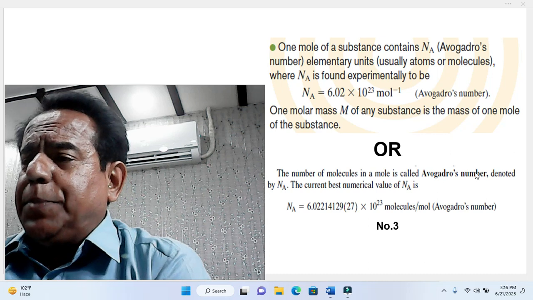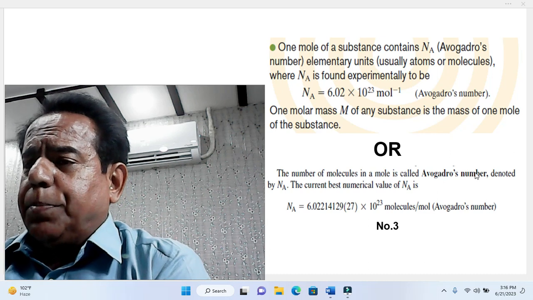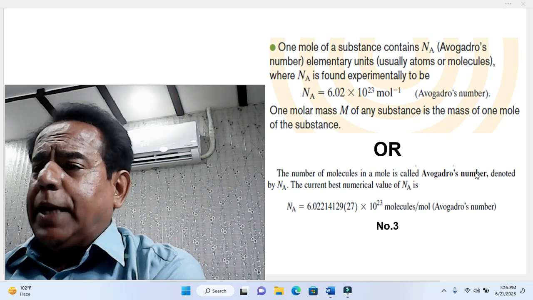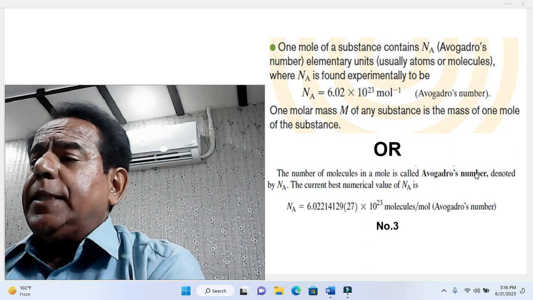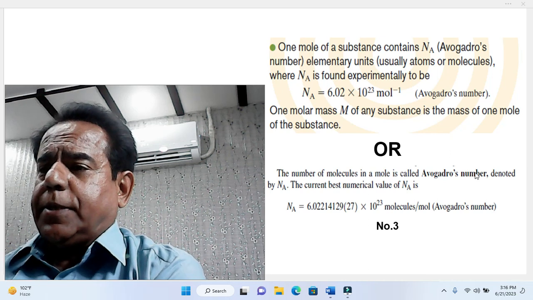Mole inverse means per mole. The molar mass M of any substance is the mass of 1 mole of the substance.